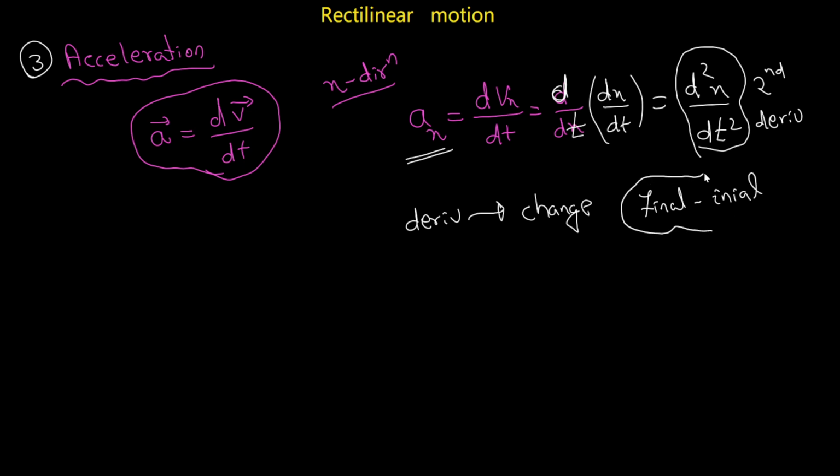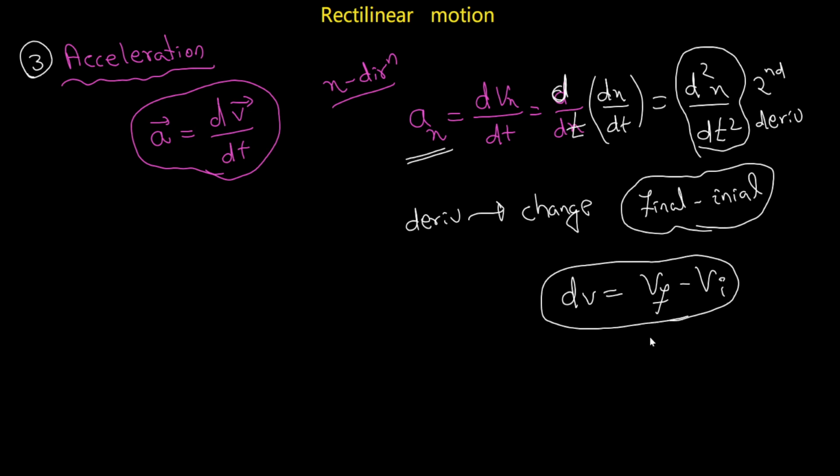I'm saying dv means the final velocity minus initial velocity, and with respect to time, I'll divide by the time, in a particular direction. So this is the rate of change of velocity, known as acceleration. If you want to apply it in a particular direction, you can remove the vector, then you can apply it easily.